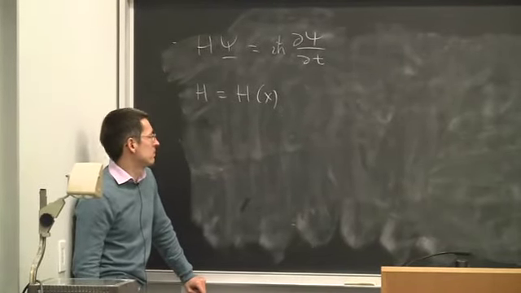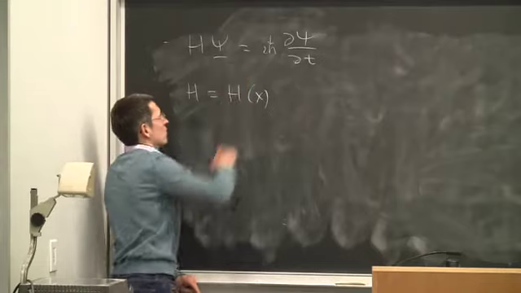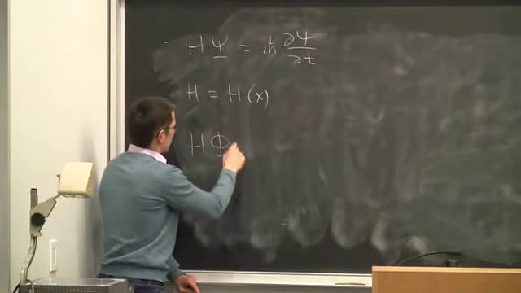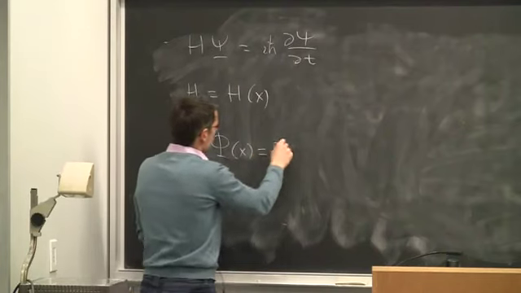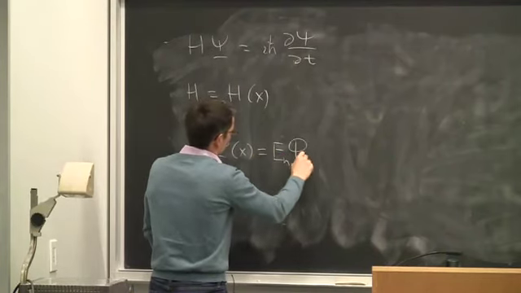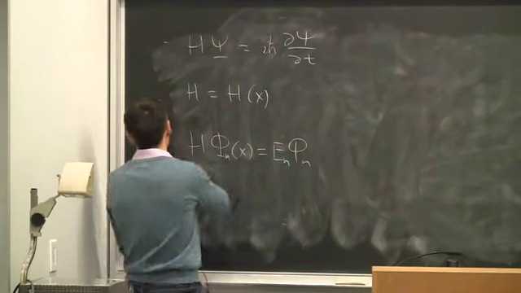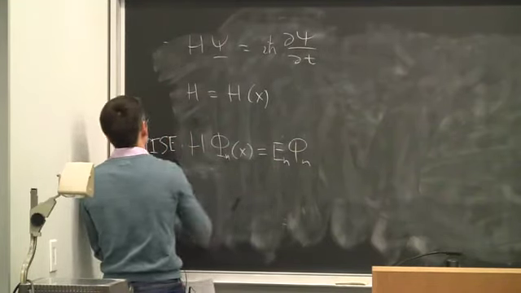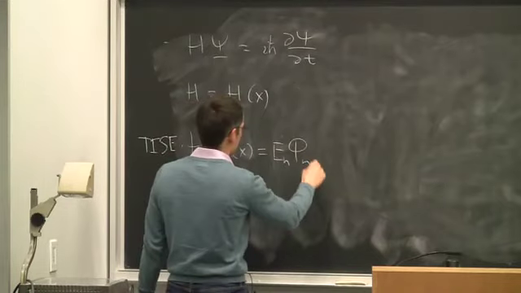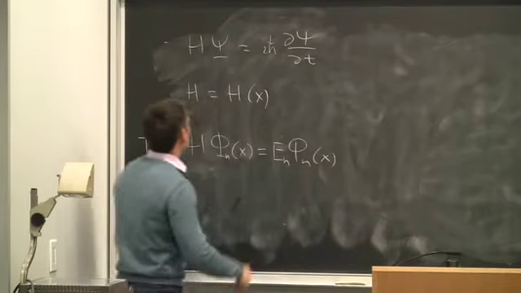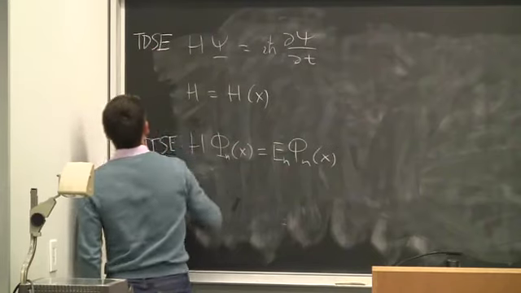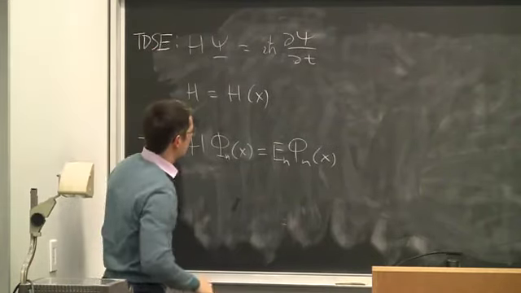We can obtain its solution from the solution of the so-called time-independent Schrödinger equation. Right? The time-independent Schrödinger equation has multiple solutions, and we can use them to obtain the solution of the time-dependent Schrödinger equation.